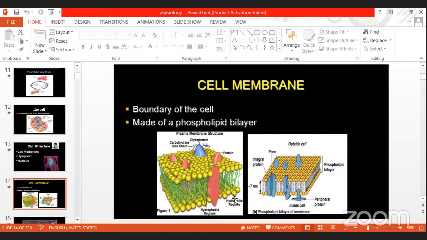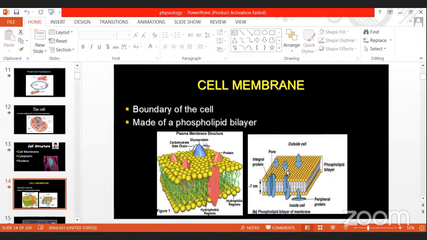It is around 7 nanometers in thickness, and it has integral protein and peripheral protein. We have to note that the integral protein will extend from one side to another, and the peripheral protein will be placed only on the outside of the cell membrane.